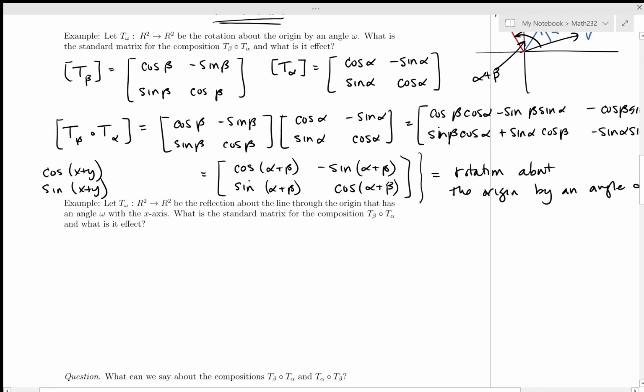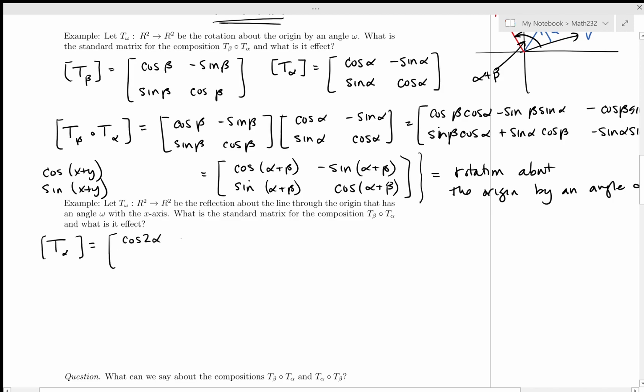Okay, what happens if we reflect? Let us take a look at that. We're going to reflect about a line through the origin at angle omega to the x-axis, and then we're going to compose two of those and see what happens. So here, for this reflection operator, we're going to have T alpha be cos 2 alpha.